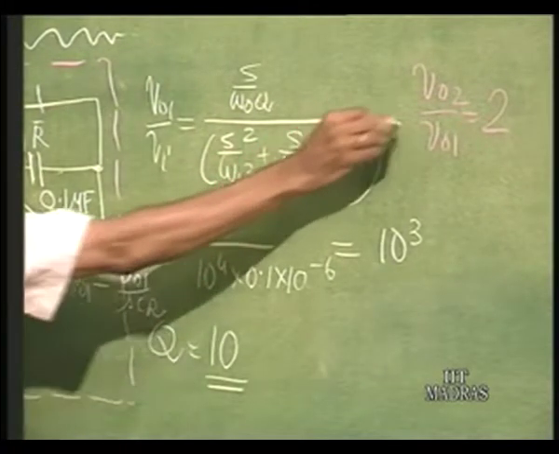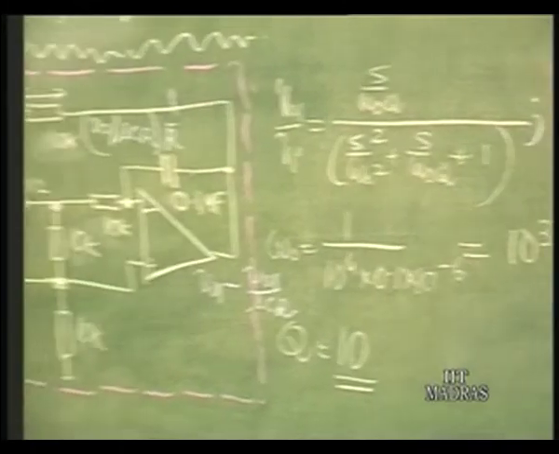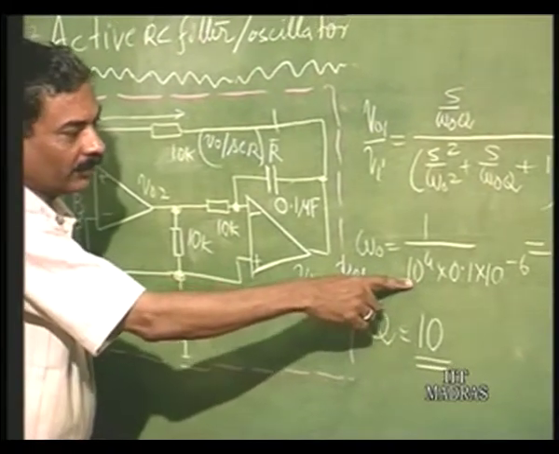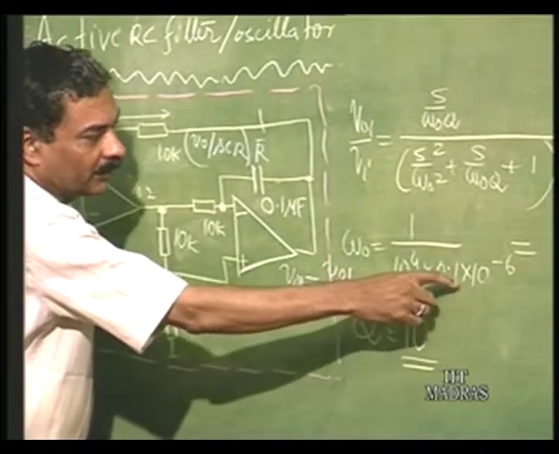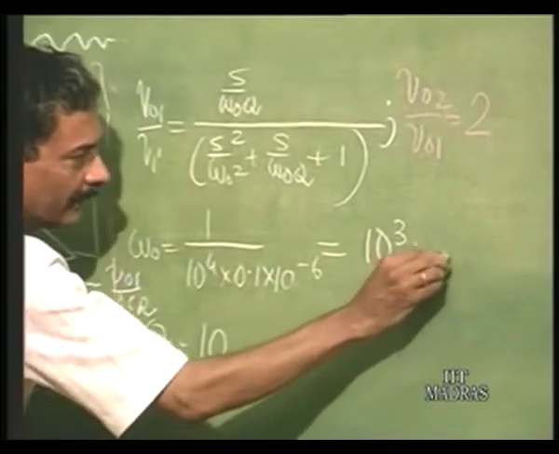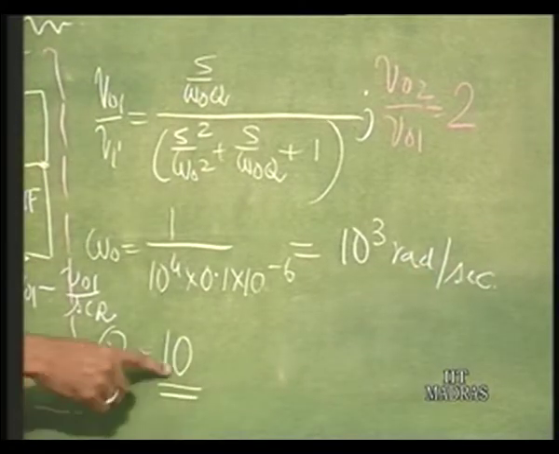If I take the output at V naught 2, it will be twice V naught 1, and omega naught is going to be 1 over R, which is 10 to power 4, into C, which is 0.1 microfarad. It is 10 to power 3 radians per second, and Q is equal to 10.